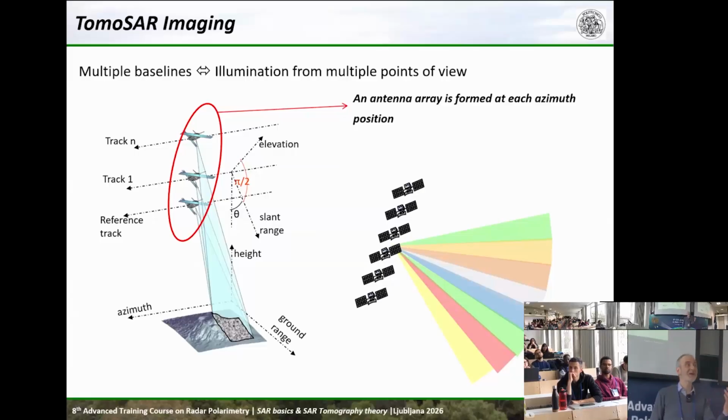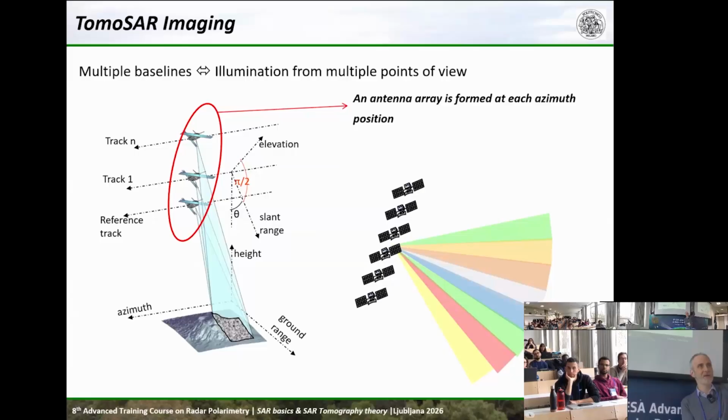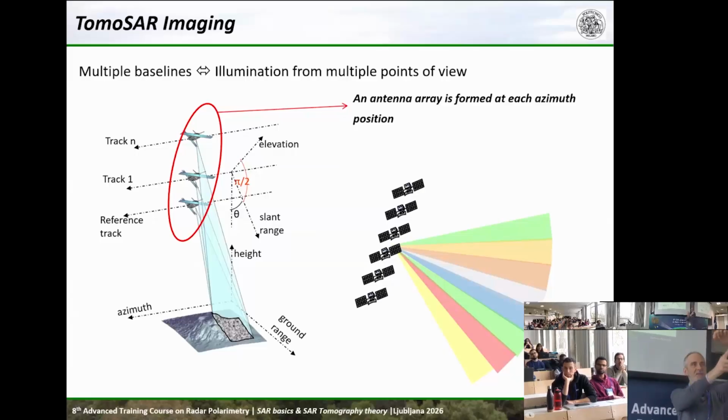It is an array of antennas that are 12 meters big, but displaced in the other direction. So since the array now is directed like this, I have angular resolution in this plane.